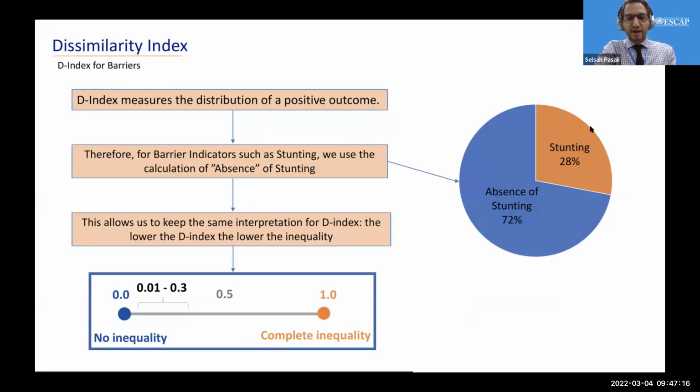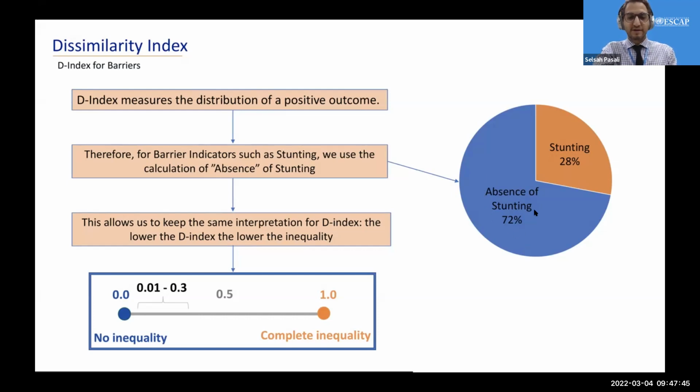And to do this, we calculate the index for the barriers by focusing on the absence of a barrier, which is not so intuitive immediately. But if you think about a barrier like stunting that was mentioned, we would like to see lower inequality in stunting, but to be able to compare barriers and opportunities, we look into inequality in the absence of stunting.